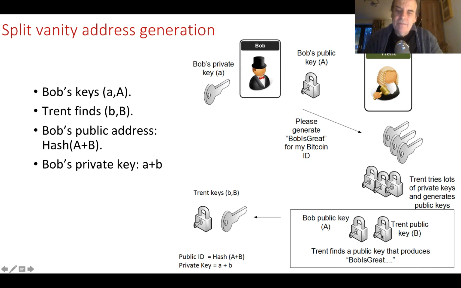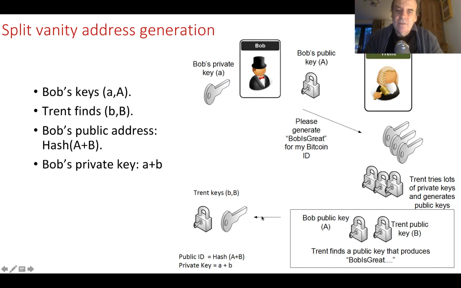So this is an additive function, and then takes a hash of them to produce the Bitcoin address. He keeps trying until he gets an address which actually has the text in it.